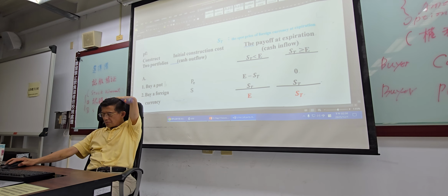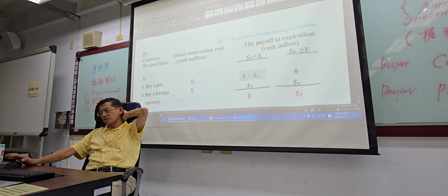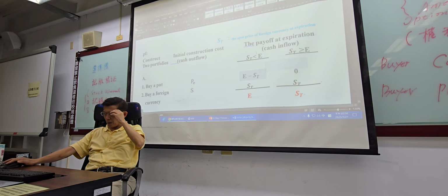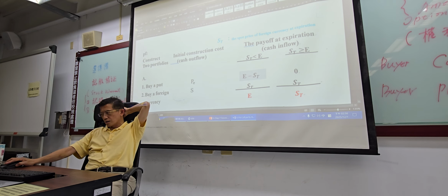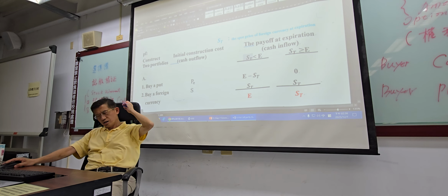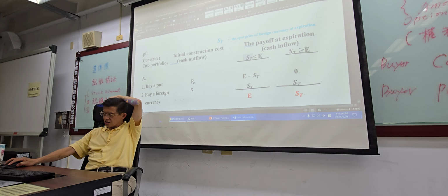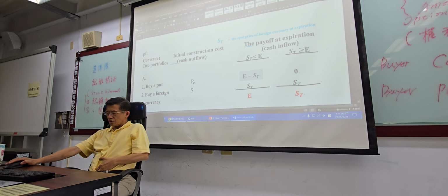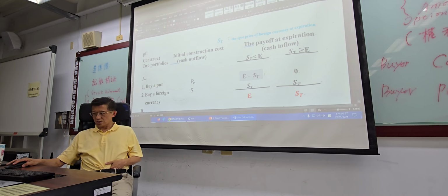Buying a put, in the situation where S sub T is lower than the exercise price, this put option will have intrinsic value, capital E minus S sub T, at the expiration. So we just discussed TSMC's share price, for example, dropping to 1000 at expiration, and your exercise price is 1500. Then this put option has intrinsic value: 1500 minus 1000. You can sell TSMC at the higher price of 1500 and make a profit of 500.